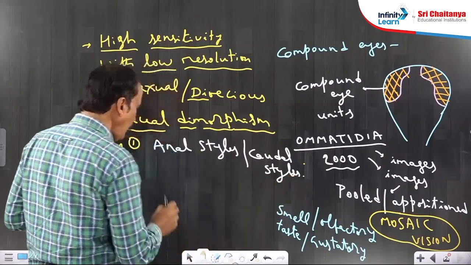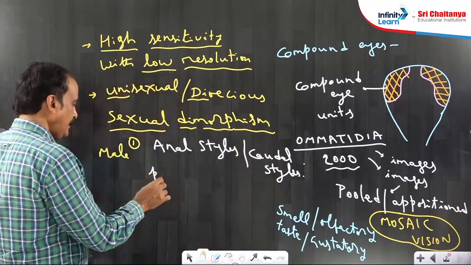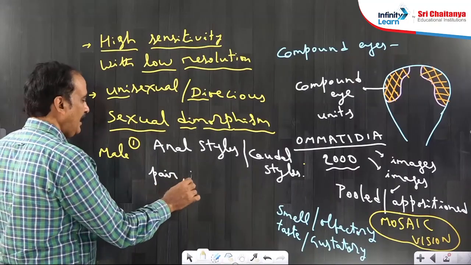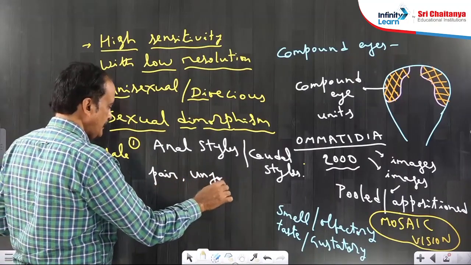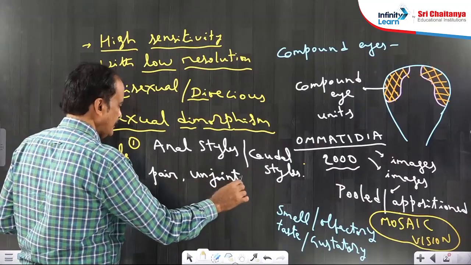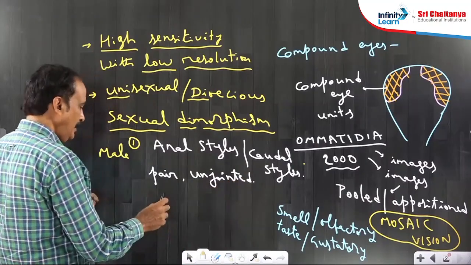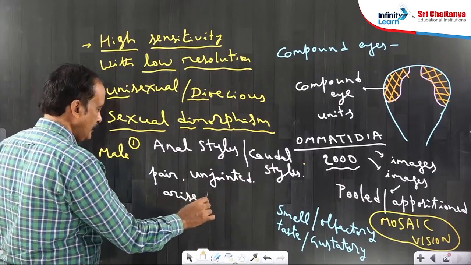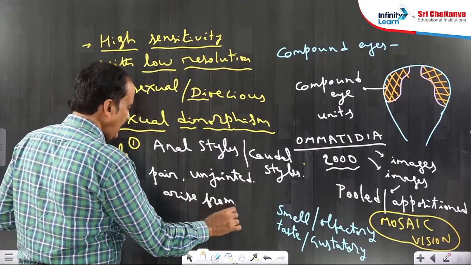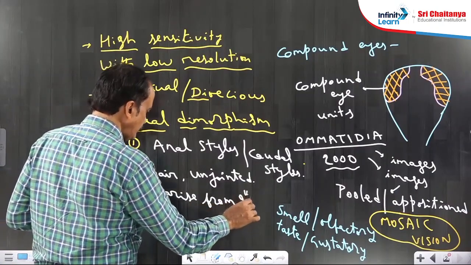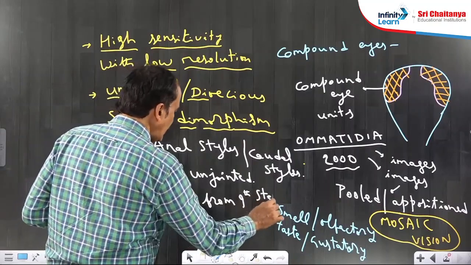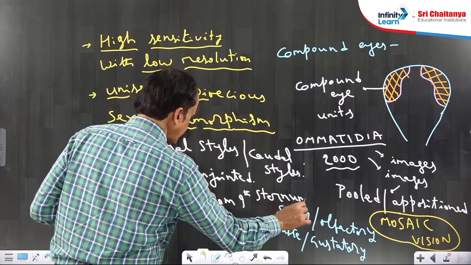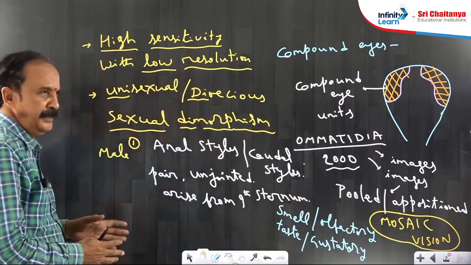Anal styles or caudal styles, they are a pair, they are unjointed, and they arise from the ninth sternum or ninth sternite. All these things you need to remember.